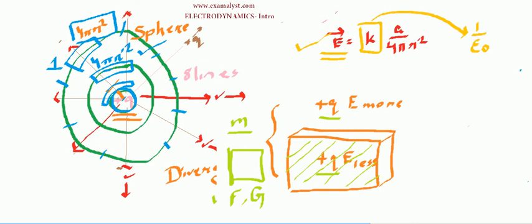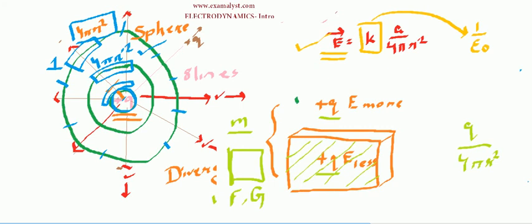So apart from q, the charge, and apart from 4 pi epsilon naught, there is one more factor that is hurting our electric field. The factor is the nature of the material. The nature of the material is also responsible for the value of the electric field.